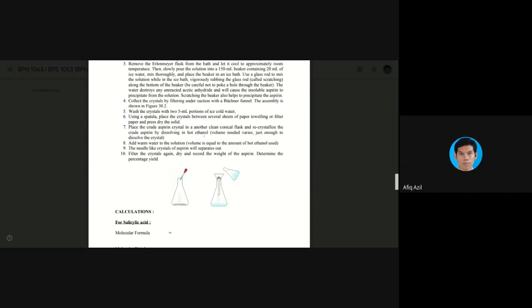Prepare ethanol and heat it up, but don't heat until it reaches boiling point. The boiling point of ethanol is 72 degrees Celsius, so probably around 50 to 60 is fine, as long as the ethanol can dissolve all of the crystals.